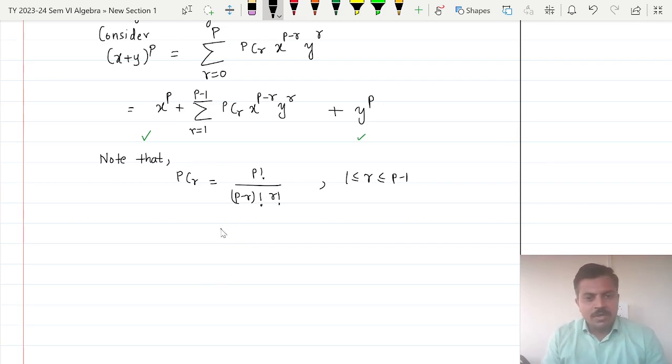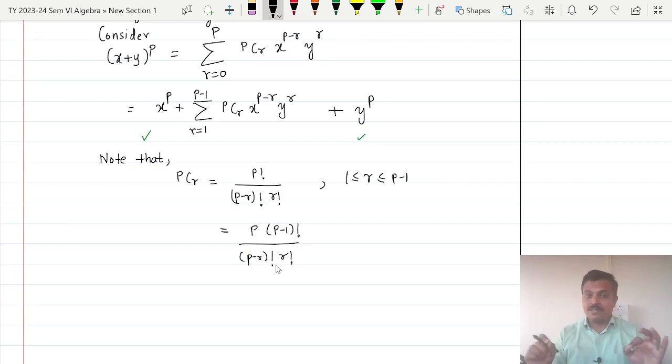Now we already know that the numerator p factorial can be written as p into (p minus 1) factorial. Now see what is the trick here. If we are able to prove that this pCr is divisible by p, then we are through.